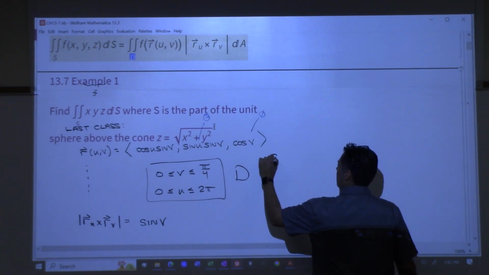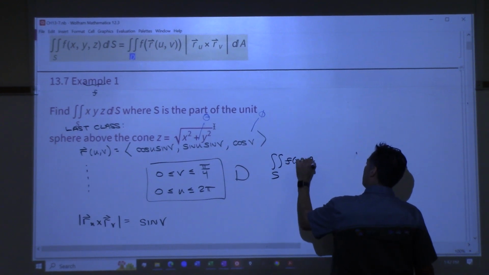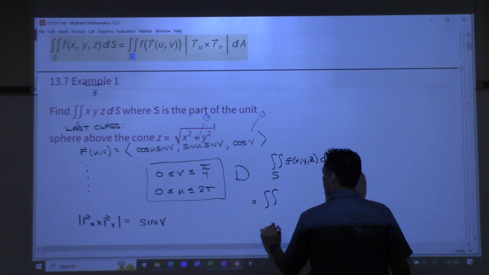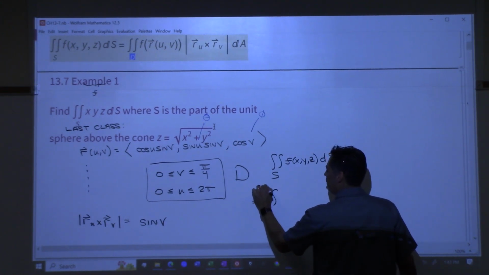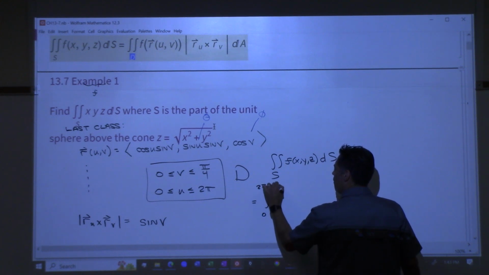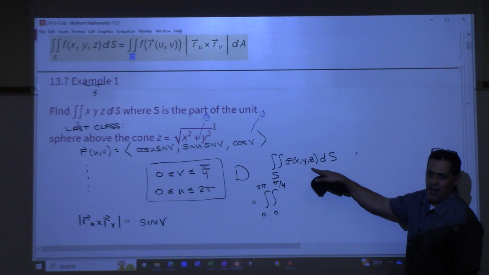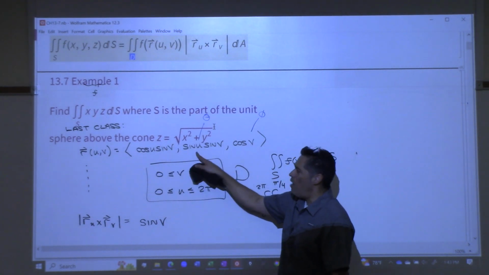So the double integral over S of the scalar function f of x, y, z with respect to the surface area will be the double integral over D. Let's put in the limits of integration: 0 to 2 pi, 0 to pi over 4. And now, the scalar function evaluated on the surface. That's x times y times z.